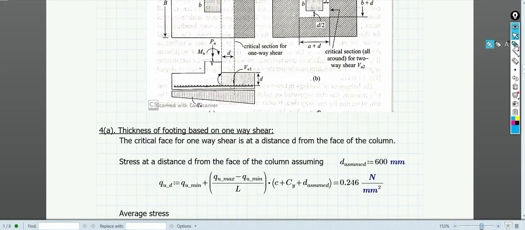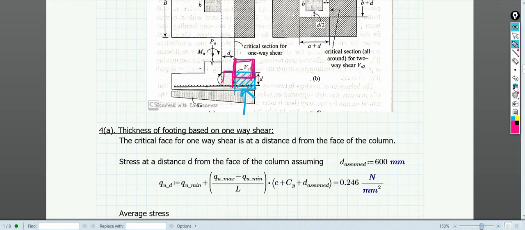This is the side view. If it's one-way shear, whatever load is acting here will try to crack through this particular footing, and this section might come up. This is called one-way shear.